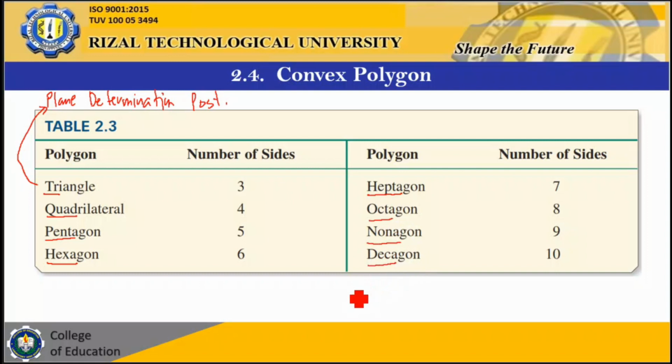So for example, if we extend to a polygon with 11 sides, it is actually called an undecagon. Un means uno. And 12, from the Spanish word dos, is a dodecagon.